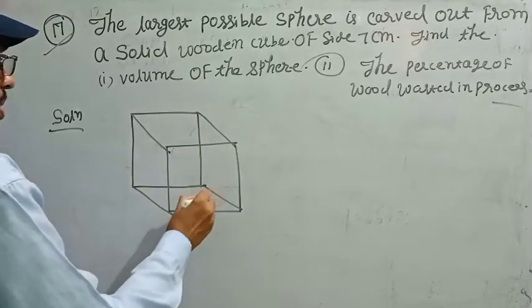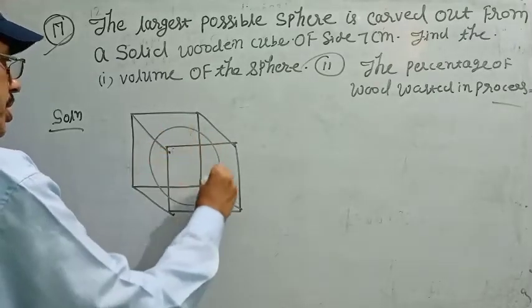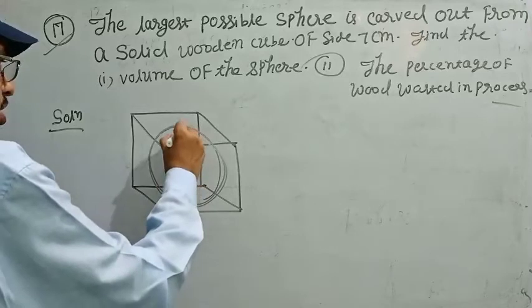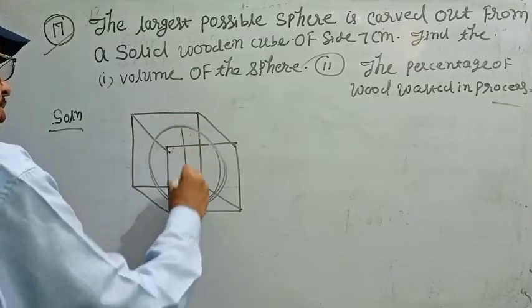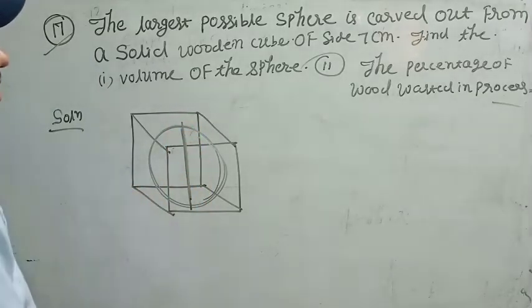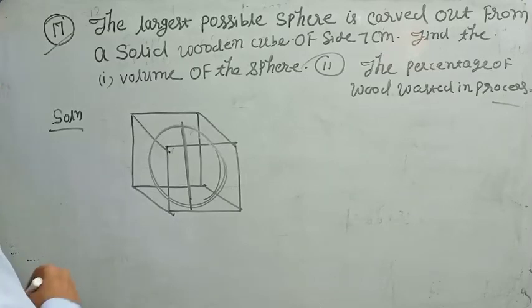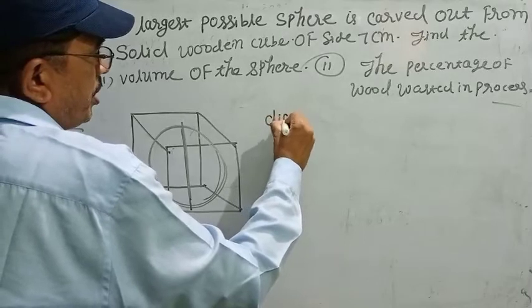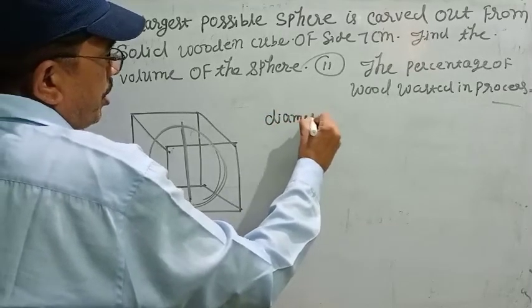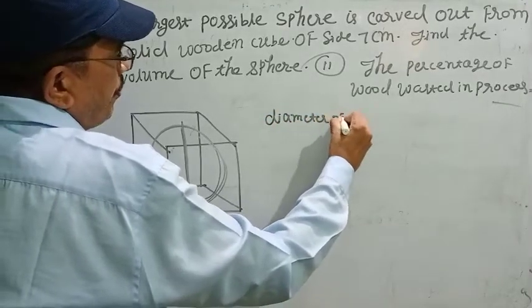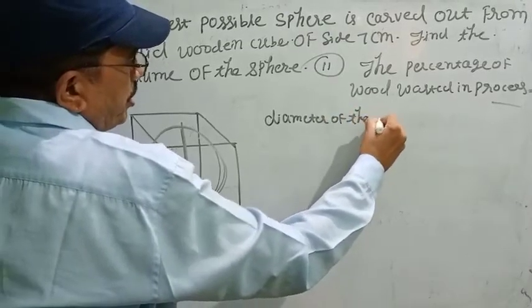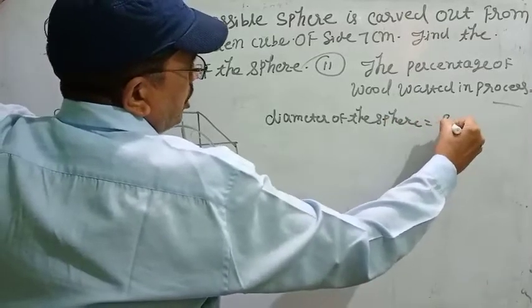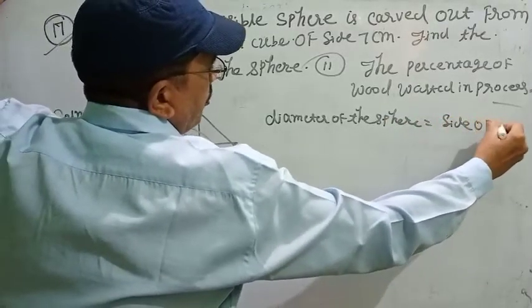It is clear that when a sphere is cut from it, it is only possible if the side of the cube is equal to the diameter of the sphere. So the side of the cube is equal to the diameter of the sphere.